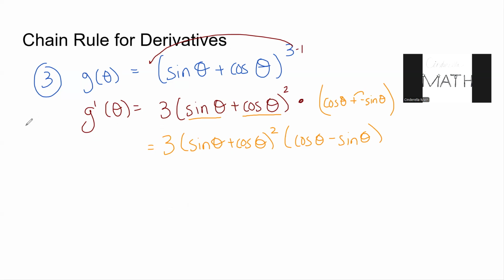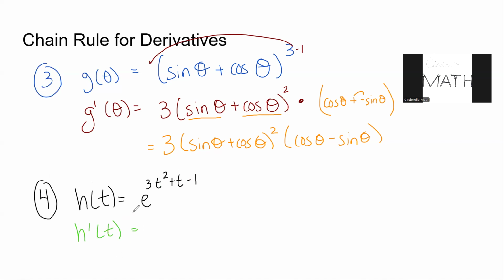And I got one more basic one here. h of t is e to the 3t squared plus t minus 1. Okay, so when you have e, you should probably already know just straight up that the derivative of e is e. So when we're doing chain rule with this, to do its derivative, it's the same exact thing that you already see.